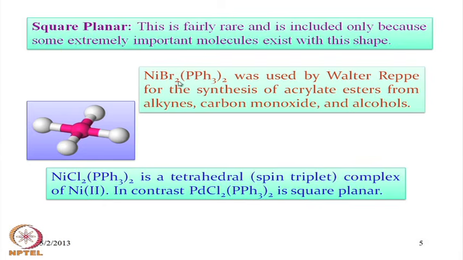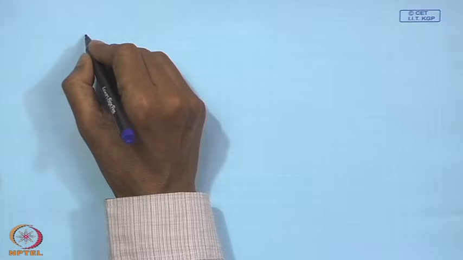So, like this NiBr2 phosphine 2, this NiCl2 phosphine 2 is also tetrahedral in structure, and this spin triplet state we will discuss afterwards, how we get the spin triplet arrangement, which is related to the geometry.